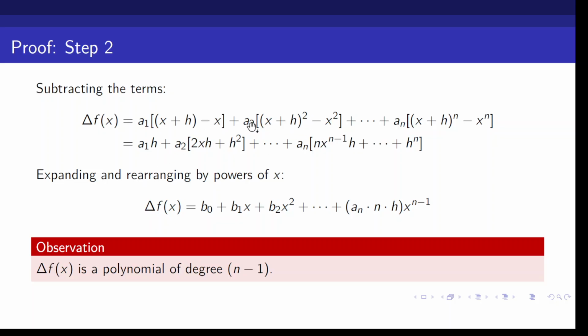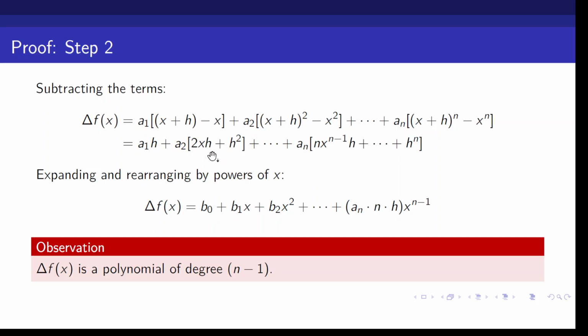Here also x square minus x square gets cancelled, 2x into h remains here, plus h square, a2 into x square plus 2xh plus h square. In this term, 2 into x into h remains, so on.